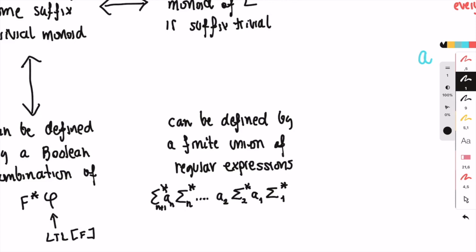But not any expression of this form is going to qualify. It needs to be unambiguous. And unambiguous means that A_i does not belong to sigma_i. So that means that there's exactly one place to put this A1 because it's the rightmost place with the letter A1. And likewise, there's exactly one place where to put A2, which is the rightmost place with an A2, which is before the rightmost place with an A1, and stuff like that. So these kind of regular expressions, I will call them suffix unambiguous.